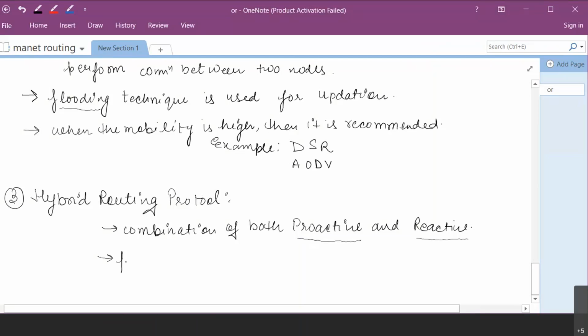The small point is, when the communication has to be performed in the intra-domain network, then we have to use the proactive routing protocol. As I told you, I gave you one example of the IIIT Nagpur hostel, right? So this is the intra-domain network, so we can use the proactive routing protocol over there. So for intra-domain communication, proactive routing protocol is used.